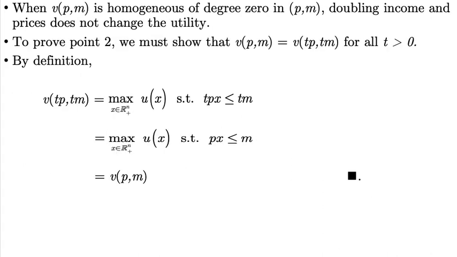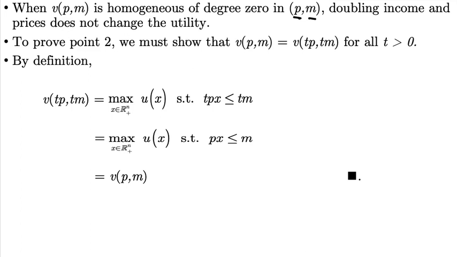What does it mean when we say that the indirect utility function is homogeneous of degree 0 in price and also income? It means when we double our income and also prices, doubling income and prices does not change the utility.